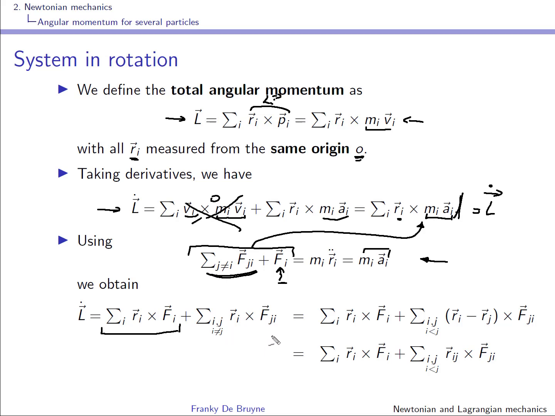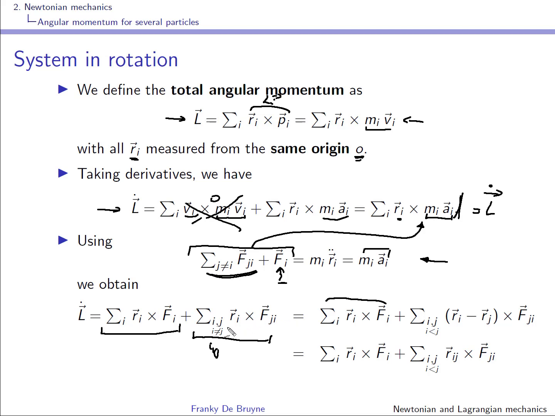This can be written as a sum over two indices i and j, and we remember that i cannot be the same as j because it's external forces coming from other particles than i. Okay, so here we have just copied the first term, and we're going to use that same trick that we've used before.